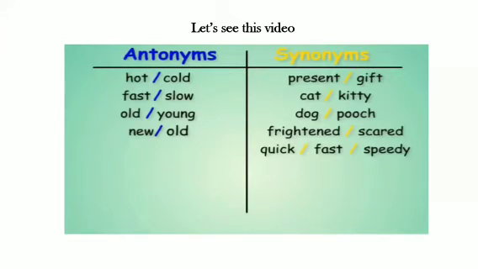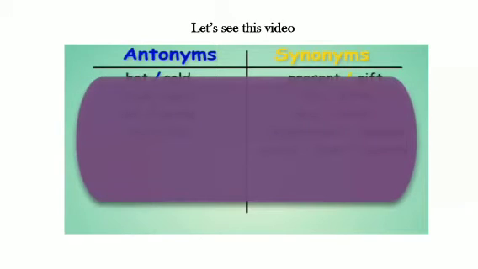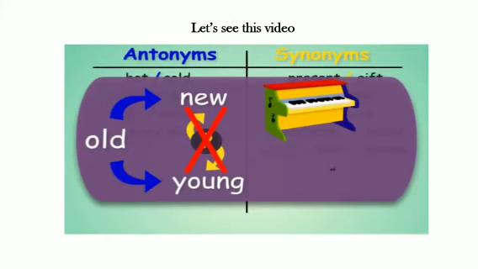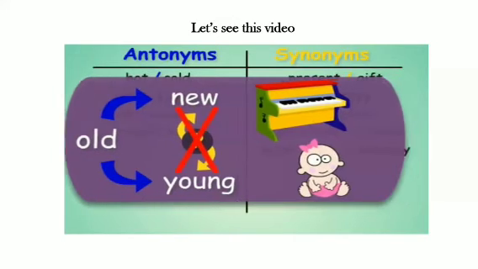Old? Didn't we already use old? That's right. Some words can have more than one antonym or opposite. New and old are also antonyms, just like young and old. So, does that mean that if old is an antonym of new and young, that young and new are synonyms? Sometimes, but not always. New and young don't really have the same meaning. Usually, things are new and people are young, but things and people both get old.